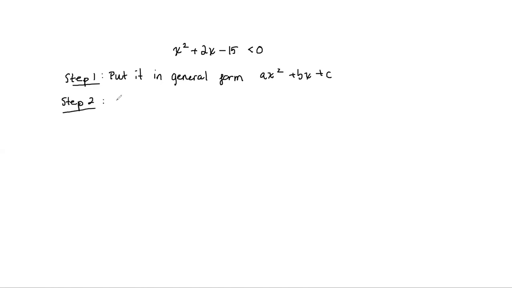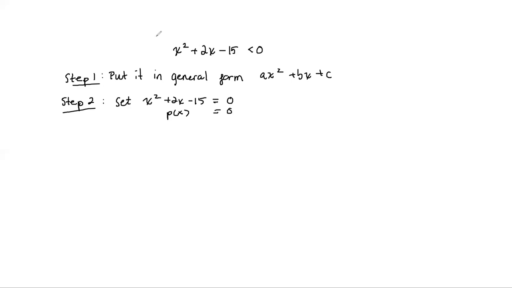Step number 2, I'd like to equal it. So what I'm going to do is set our polynomial, in this case x squared plus 2x minus 15, equal to 0. So setting p of x equal to 0, where p of x is just any polynomial.